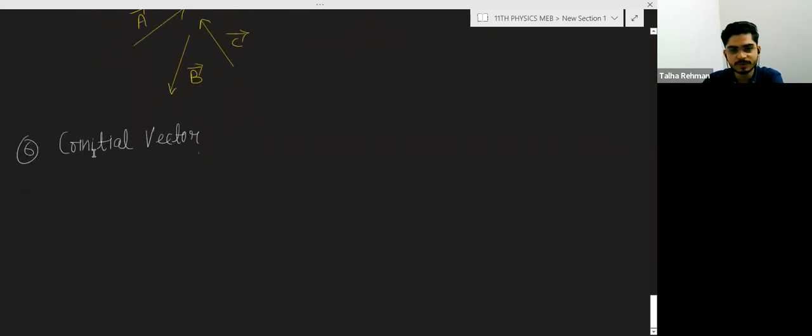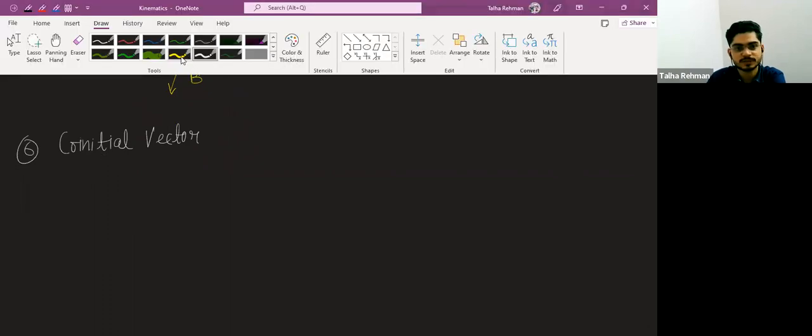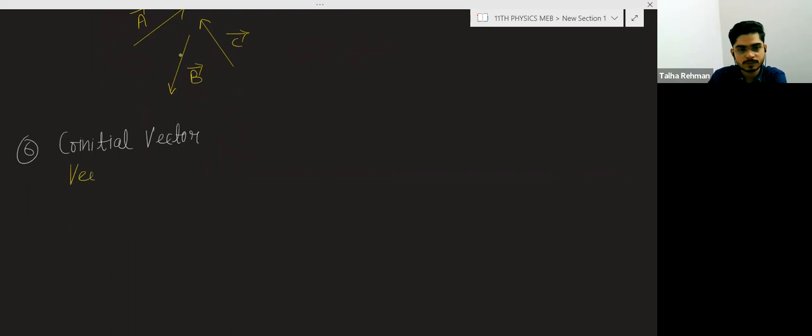You can go with the word also. Two vectors or three vectors, they have the same starting point.